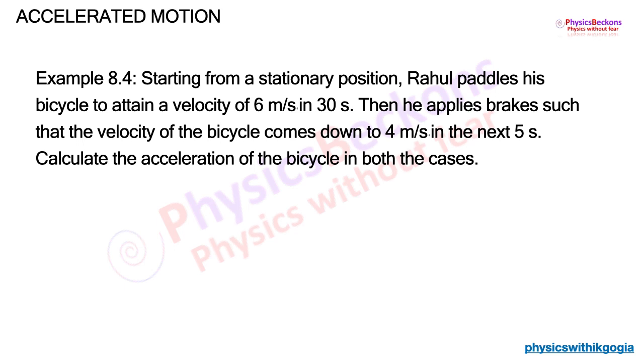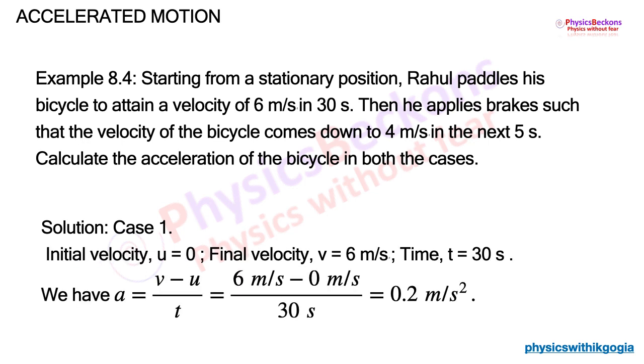Then he applies brakes such that velocity of the bicycle comes down to 4 meter per second in next 5 seconds. So there are two parts of motion. First part 30 seconds there is an increase in velocity, and next part of 5 seconds there is a decrease in velocity. Calculate the acceleration of bicycle in both the cases.